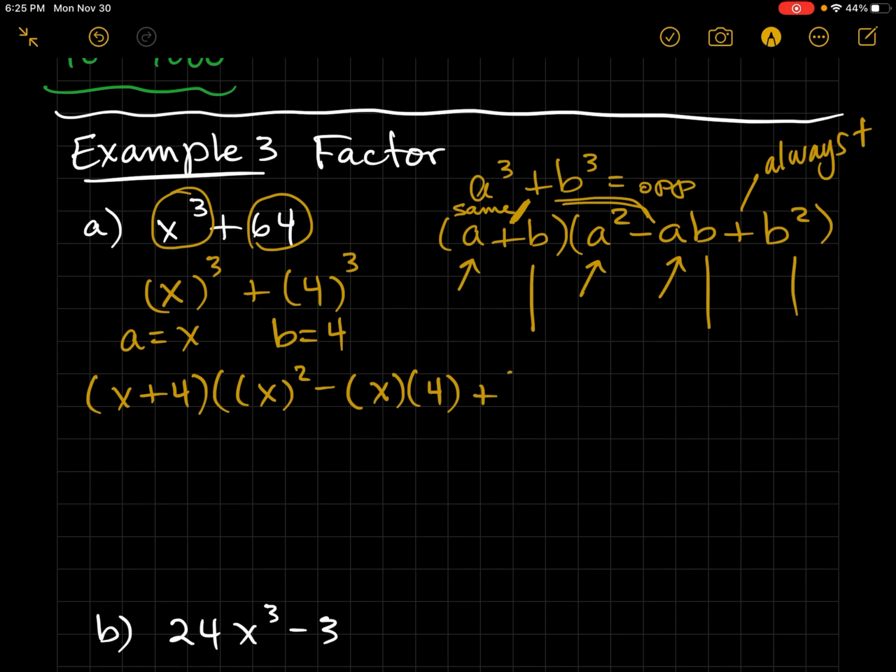And I'm just putting these in parentheses just so you can see that I'm making some substitutions right into that formula. The more you practice, you'll be able to skip that step. So I get x squared minus 4x plus 16. Final answer.